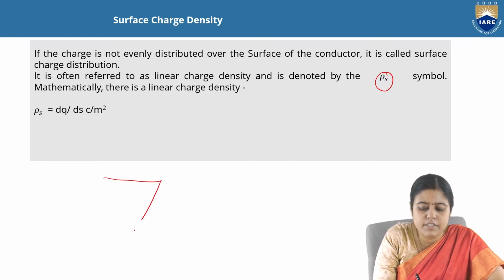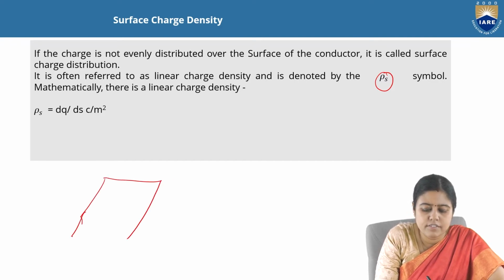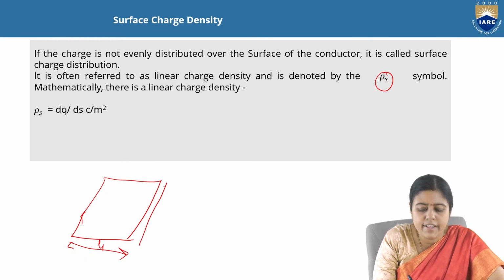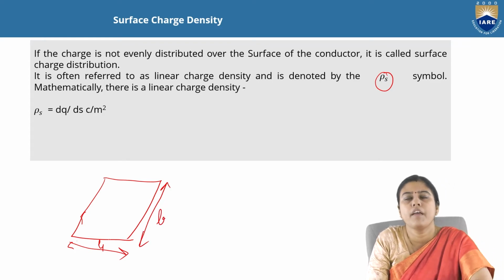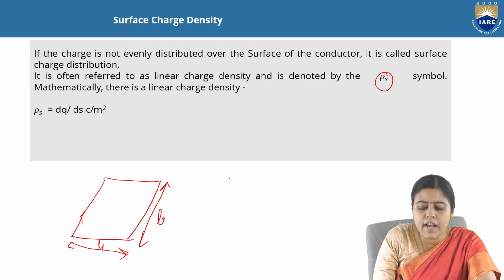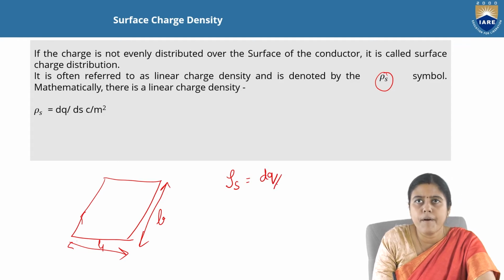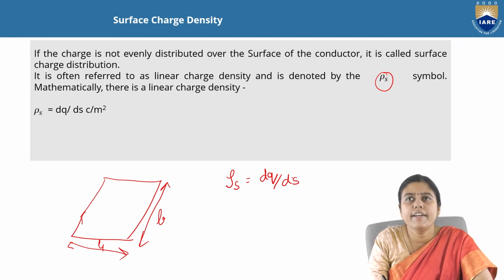Let's say this is a surface, this length is L and this length is B. So what is the charge? We write rho s is equal to dq by ds.